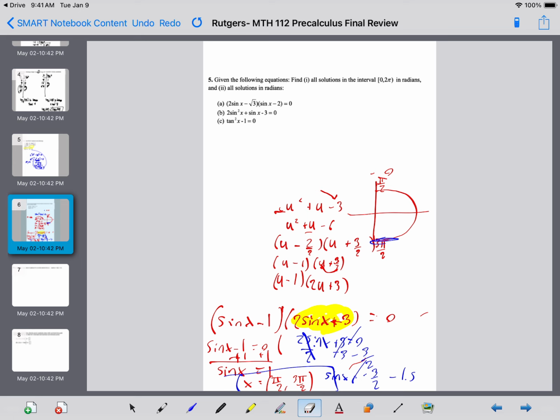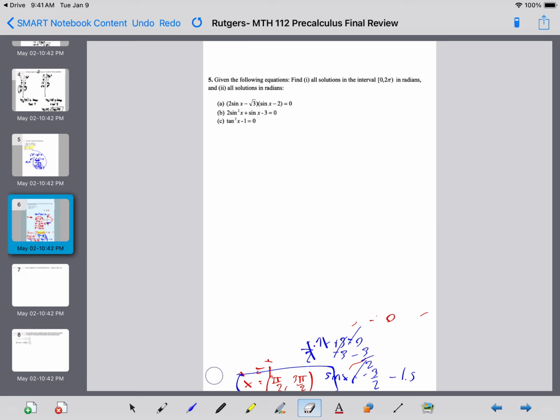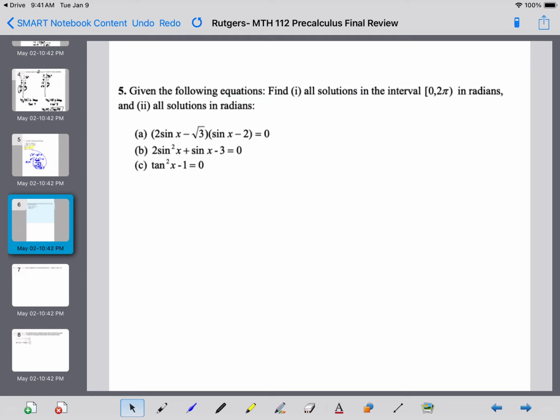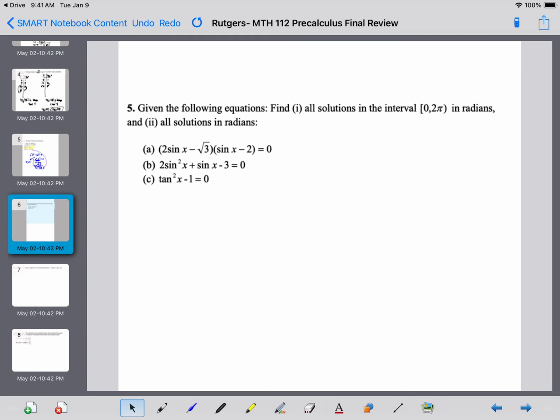So now for this last part, we have tangent squared x minus 1 equals 0. You can add 1. Tangent squared x equals 1.